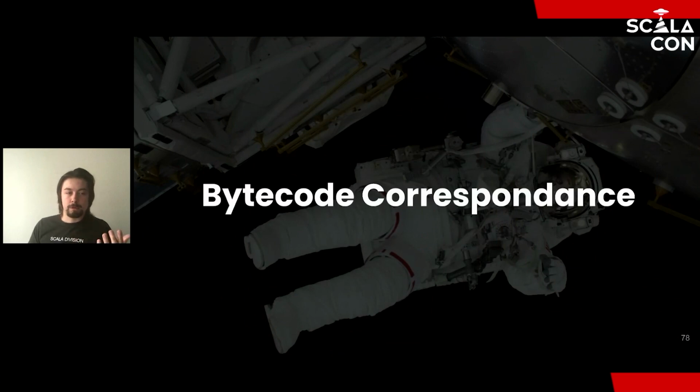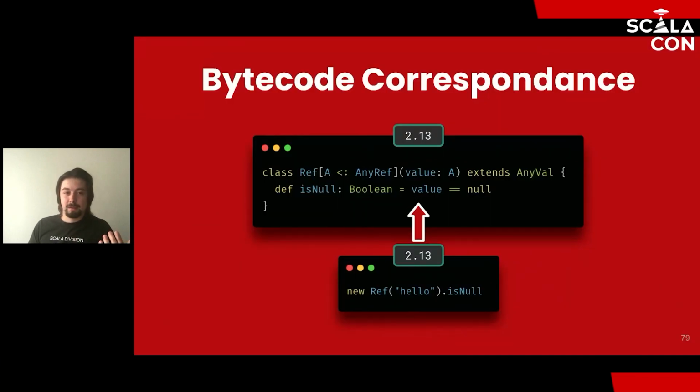Then the bytecode correspondence means that you have a library that defines a value class Ref, which just wraps an object of type AnyRef, and has a method isNull that checks if the wrapped value is null.